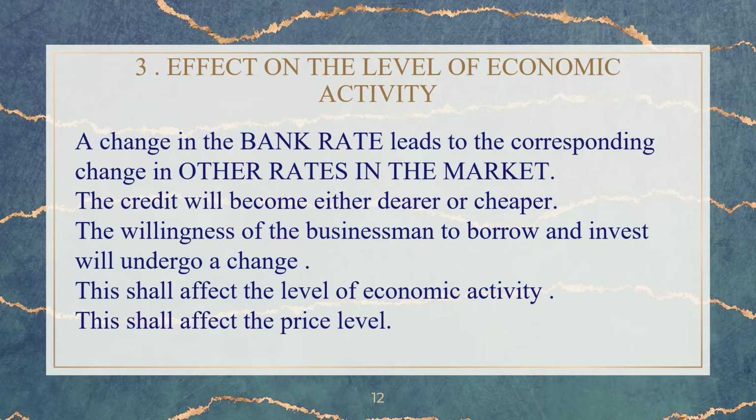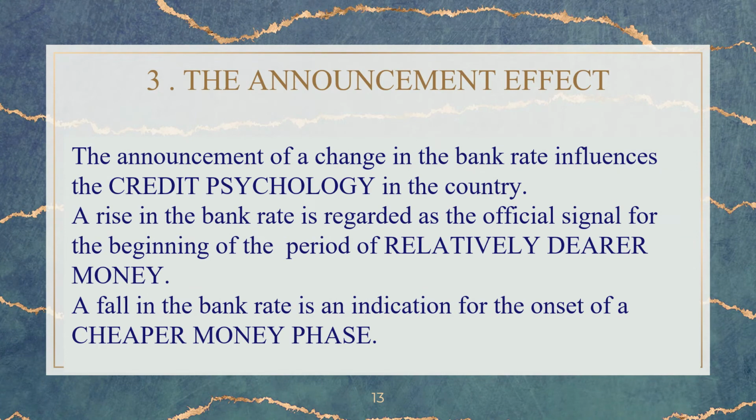Okay. Next point is the announcement effect. The announcement of a change in the bank rate influences the credit psychology in the country. People's psychology undergoes a change when the bank rate changes. See how important it is. A rise in the bank rate is regarded as an official signal for the beginning of a period of relatively dearer money.